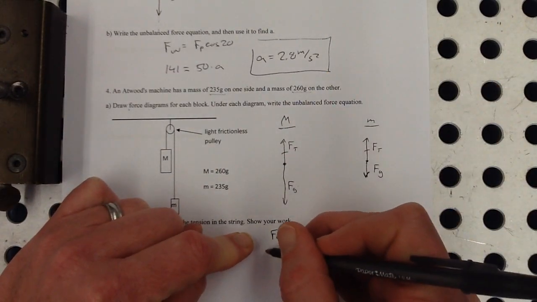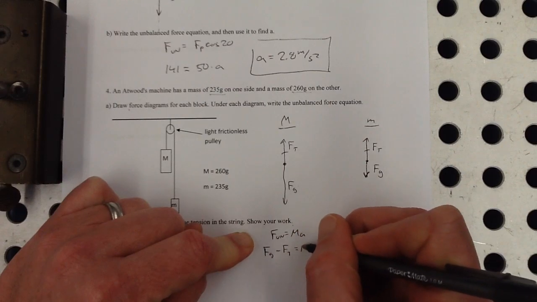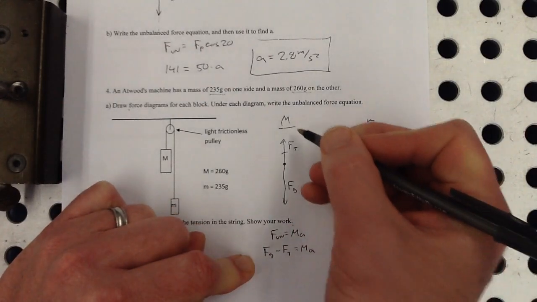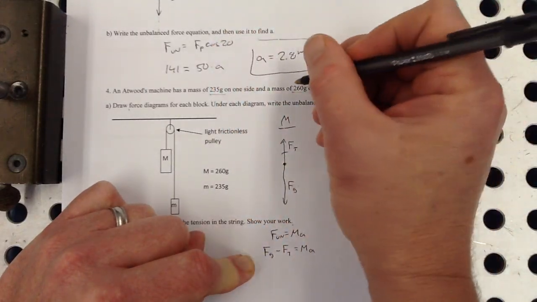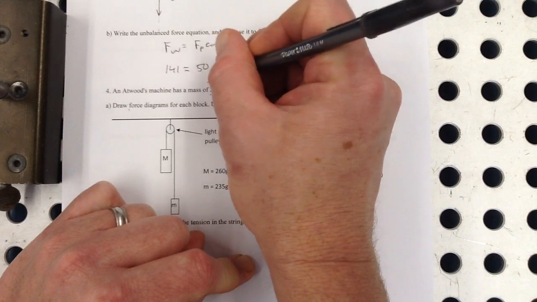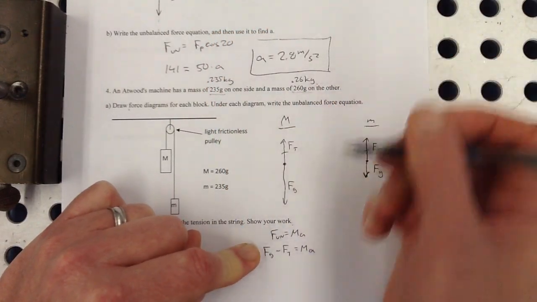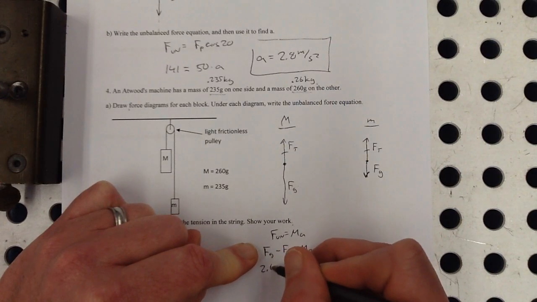So here, gravity winning, tension losing, force of gravity on the big one. That's 0.26 kilograms. This is 0.235 kilograms. So multiplying that by 10, 2.6.